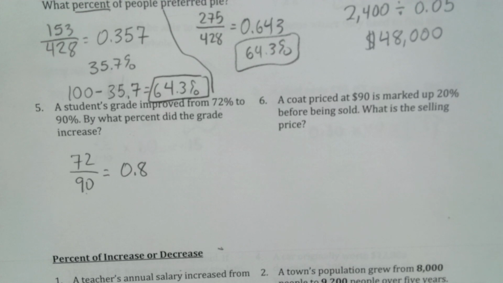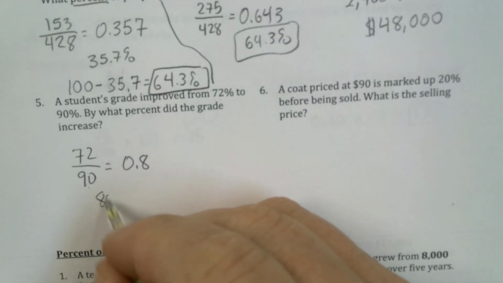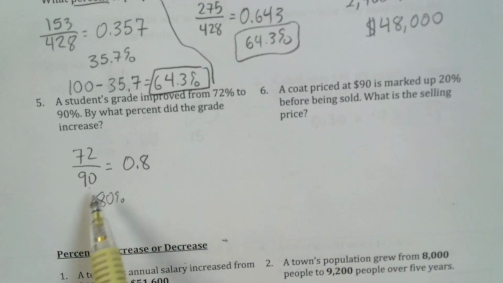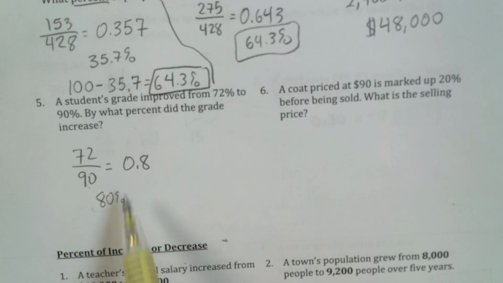I don't think it does. Oh, so this one here, I just kind of followed the previous method, but it didn't increase by 80%. So sometimes when we work a problem, we just follow the process that we've been doing, and then the answer doesn't make sense. Then we have to reread the problem.